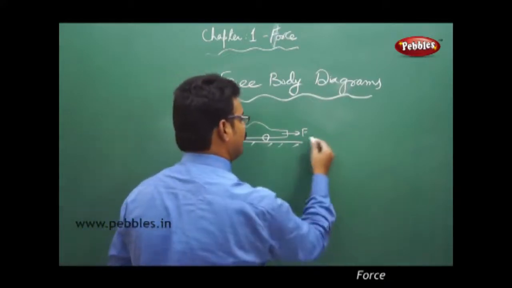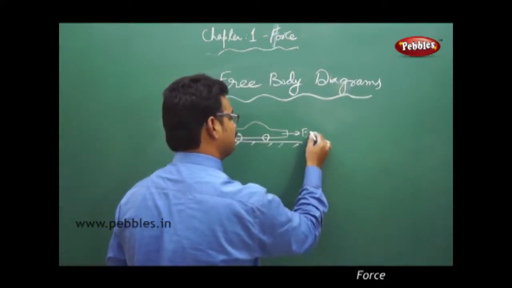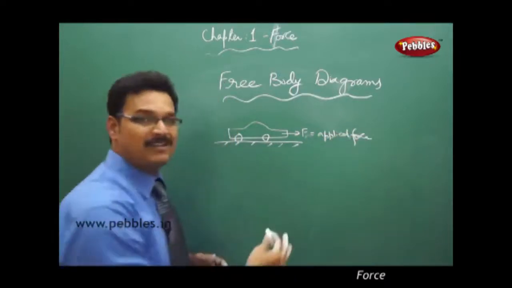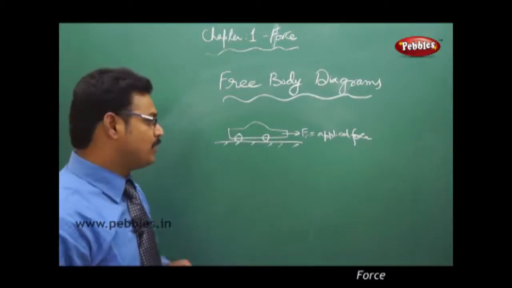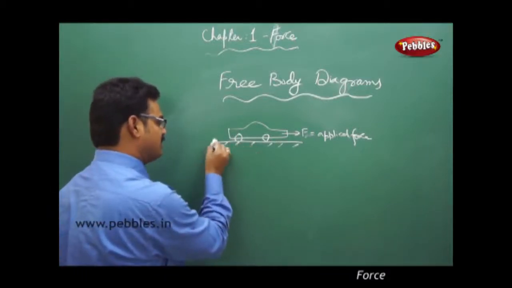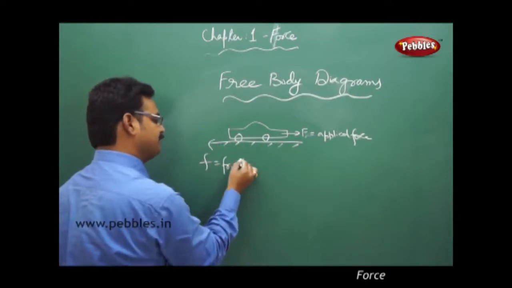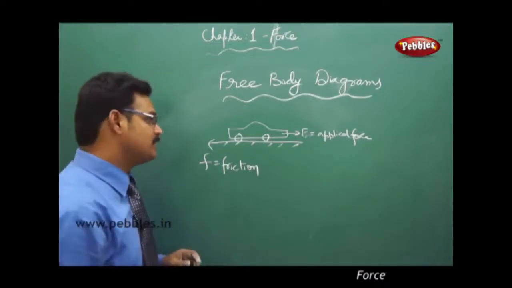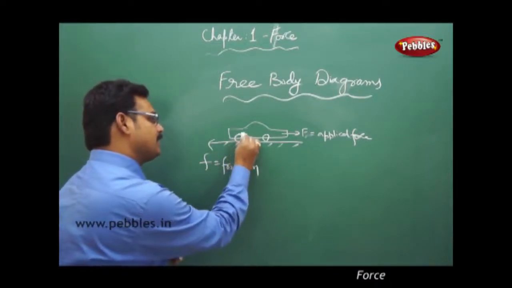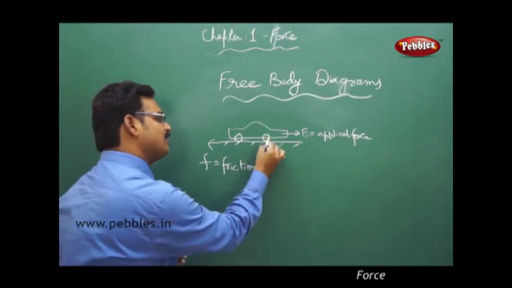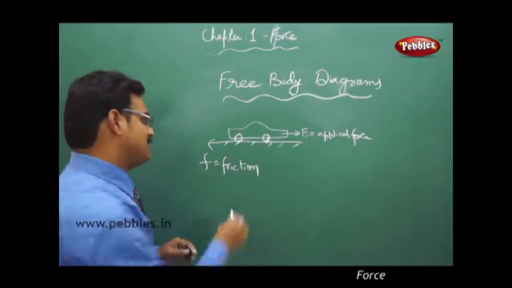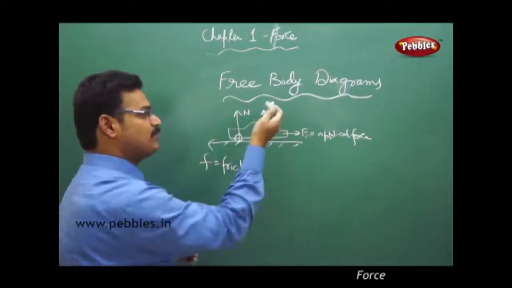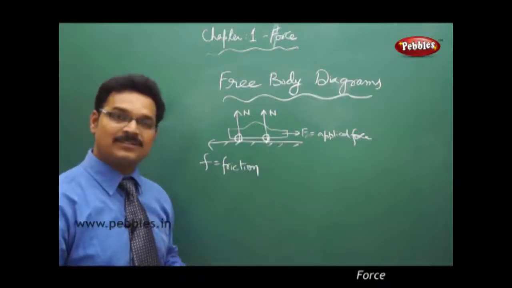So this is F, I'll write F equal to applied force, or external force also you can say. Now between the wheels and the road, you have frictional force, friction. That's it. Anything left? Just think, there's another force acting at the points of contact. Yes, that force is normal force, N, both are normal forces because of two points of contact.